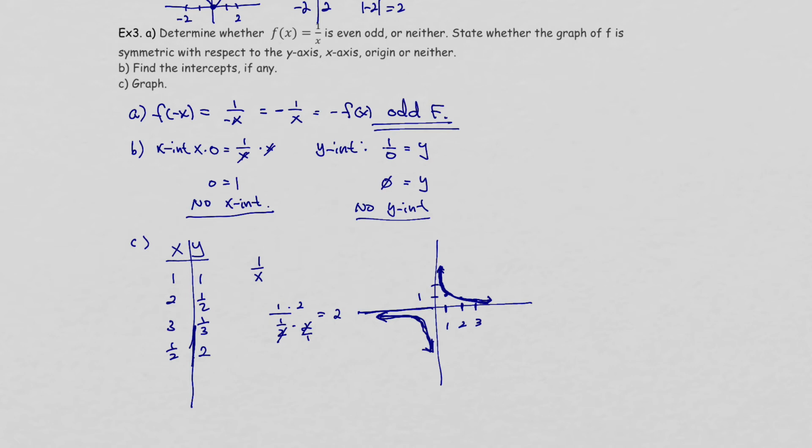So that's how you're going to graph it. Otherwise, you need to plug in -1, -2, -3, -1/2 to find all these points, right? If we didn't know it was an odd function.